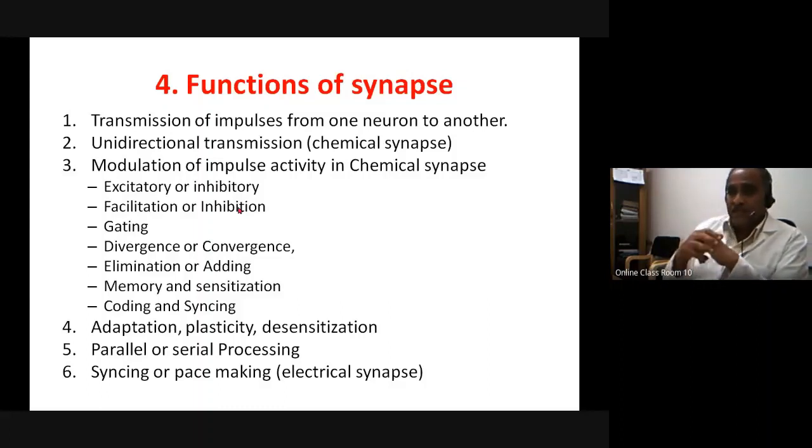Convergence, as happens in the case of a retina, or even if any impulse is going upwards, the target neuron has many inputs coming in on the target cells.